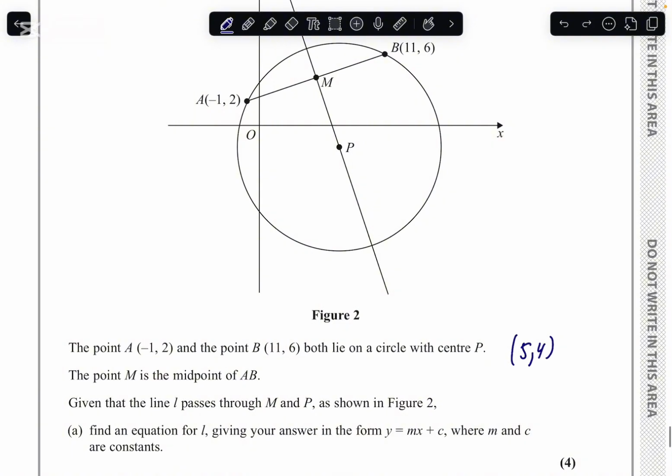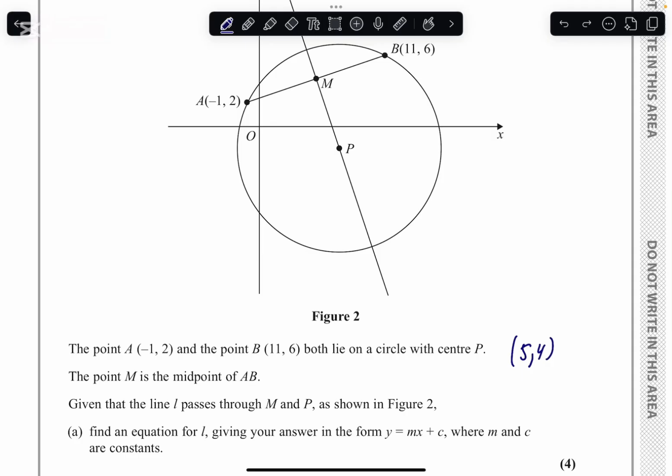How will we find the gradient of AB? Well, to find the gradient of a line with two points, we do the y value of one point minus the y value of the other point, divided by the x value of the same first coordinate minus the x value of the other coordinate, and that will give us m.